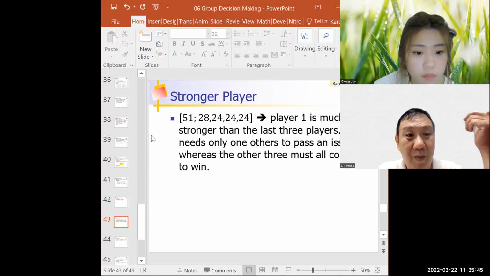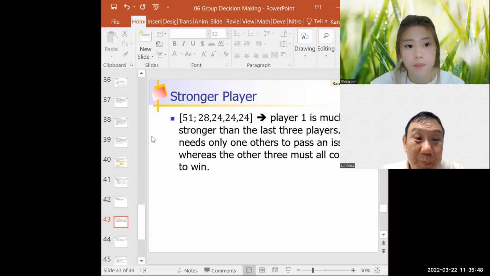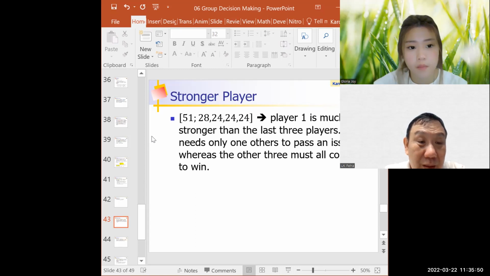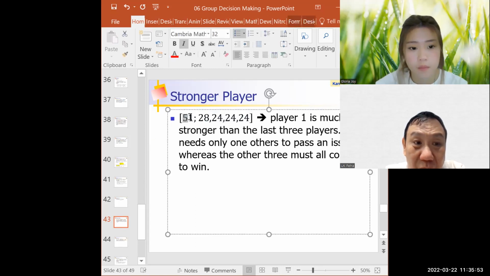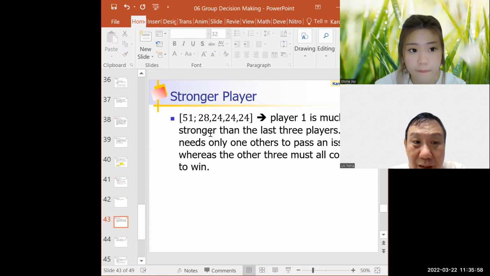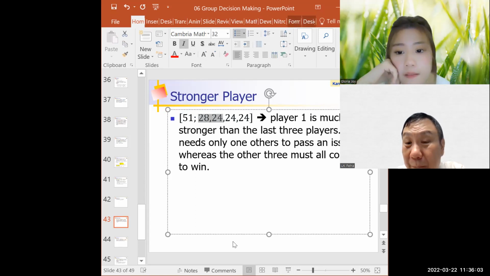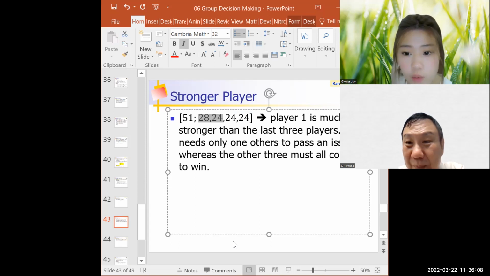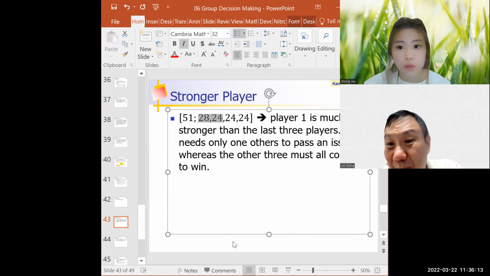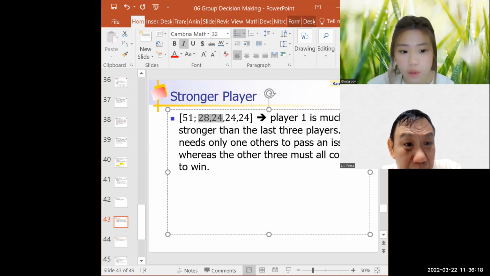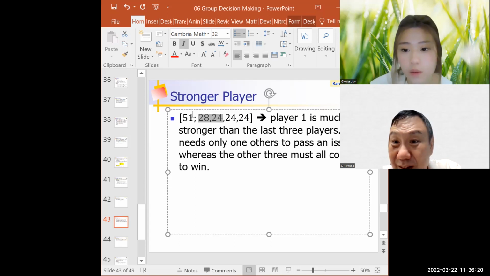Next, let's check this. Say the threshold is 51. If you add 28 plus 24, how much? 52. 52, so larger than 51, right?